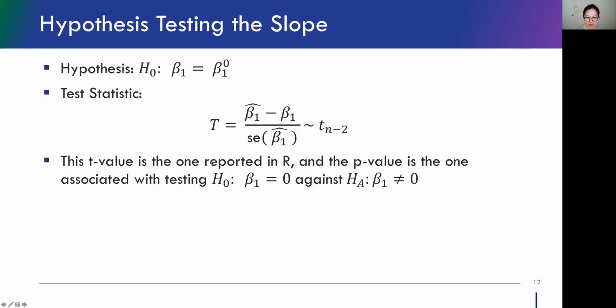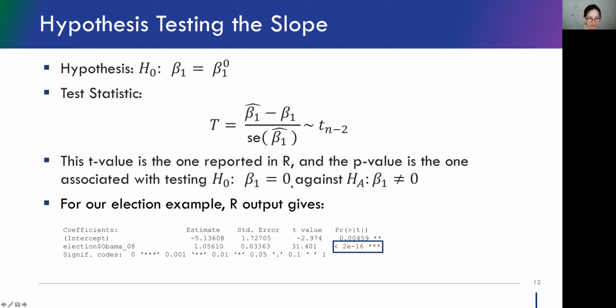This t value is reported in R, and the p-value in the R output is associated with a two-sided test, where the alternative hypothesis is beta 1 not equal to 0, and the null hypothesis is beta 1 equal to 0. We ran this election example and got our R output, where you see the p-value associated with this test.